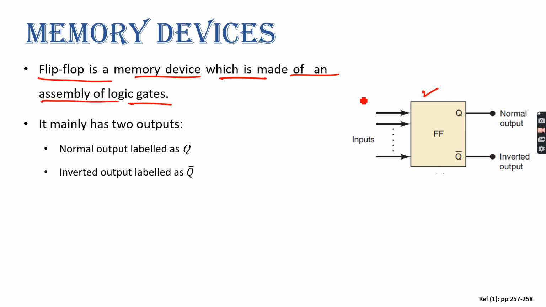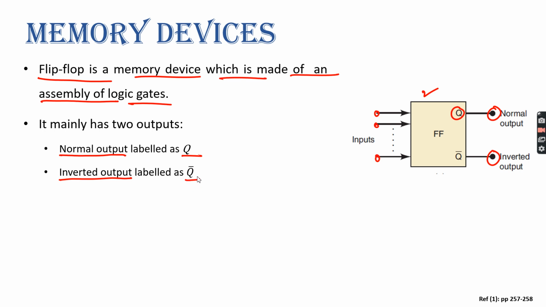Basically a flip-flop circuit can have n number of inputs, but it will always provide you two outputs. One output is called Q, which is the normal output of the circuit, and the other output is called the inverted output, which is the inverse of Q, labeled as Q bar.